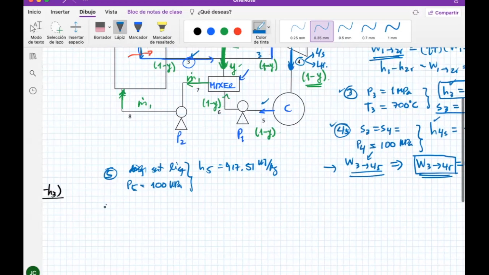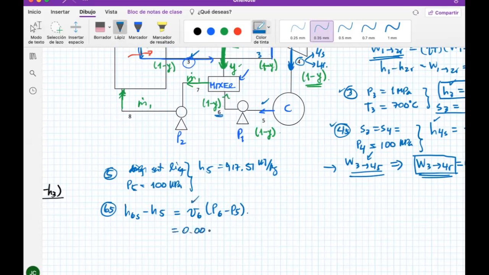Let me see if I can get H6s, the isentropic part of this point 6. So this is H6s minus H5 equals v6 multiplied by P6 minus P5. This one I already have, I already used it in the other steam Rankine cycle.